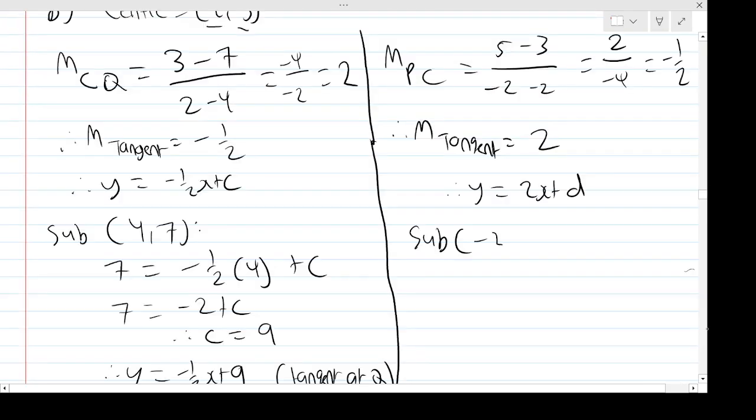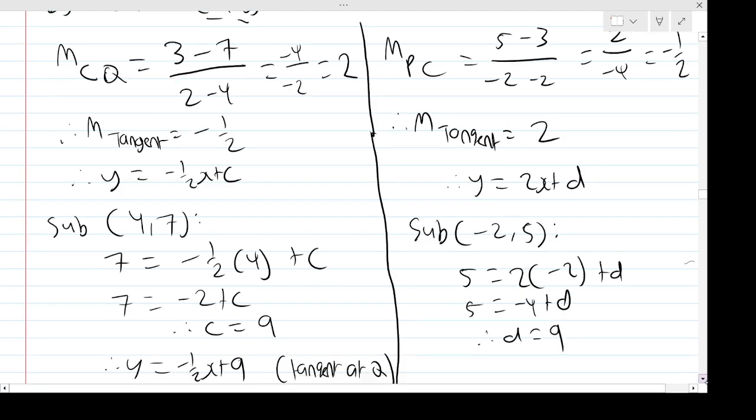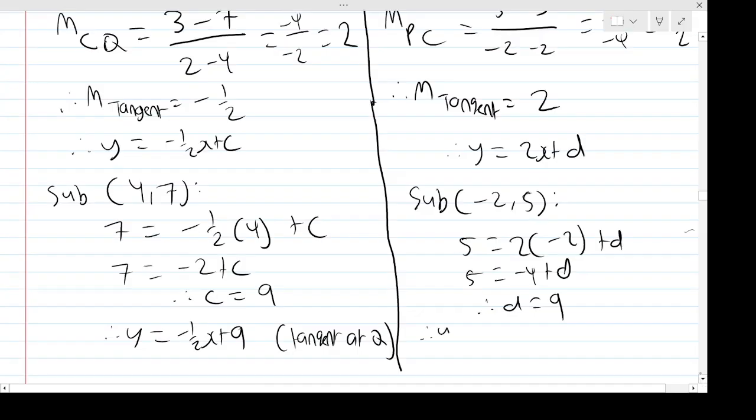So y is 5, 2x, x is minus 2, plus d. Therefore, 5 is minus 4 plus d. So therefore, d would be plus 9 if I add 4 to both sides. Therefore, we've got the equation y is 2x plus 9. And that's the tangent at P. Cool. There we are.